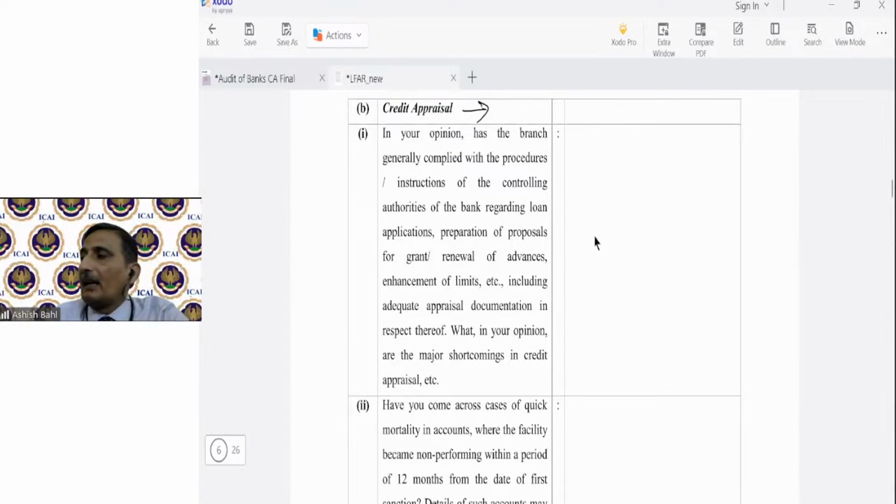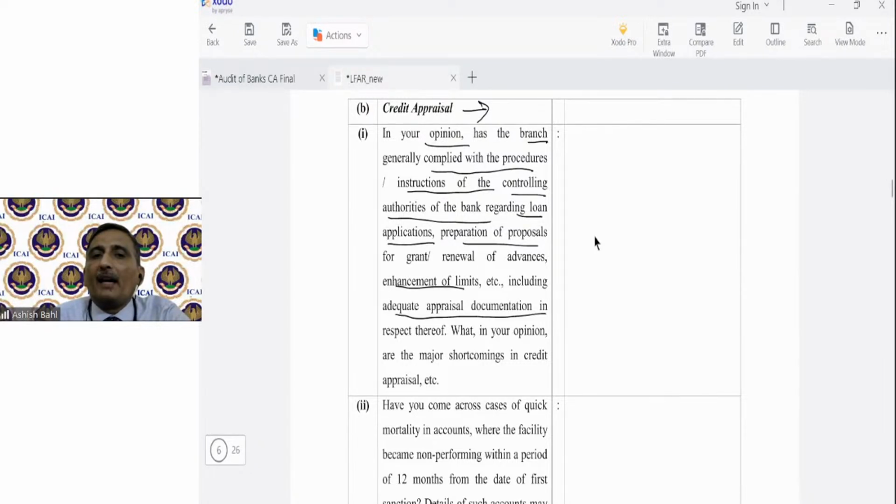The heading is credit appraisal. It wants the auditor to state, in your opinion, has the branch generally complied with the procedure instructions of controlling authorities regarding loan applications, preparation of proposals, enhancement of limits, including documentation?